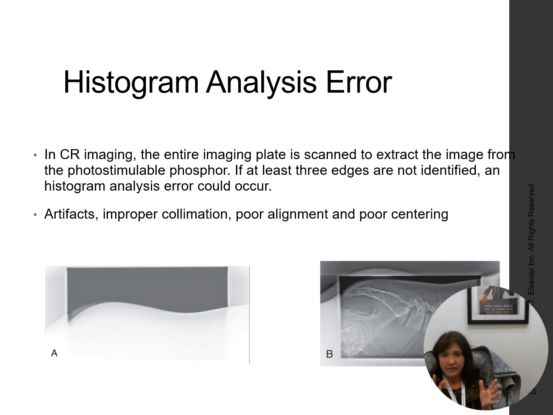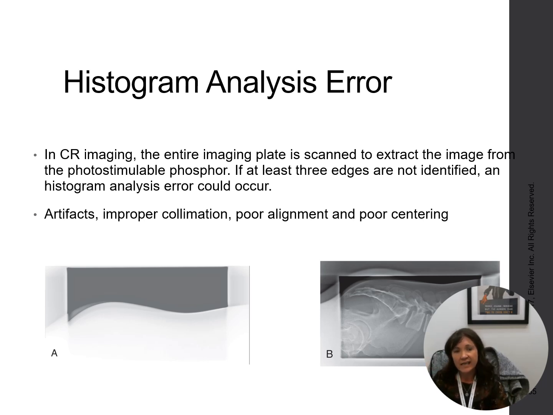Other times you may look the complete 100% opposite of Megan Fox, and no matter what you do, no matter how you try to look like her, it is not going to mesh, and the gap, the change, is going to be too big. That's what happens when we have a histogram analysis error. It means our raw data histogram looks nothing like our lookup table, and therefore, as much as it tries to morph itself, it can't get the job done. So in this particular case, we'll call that a histogram error.